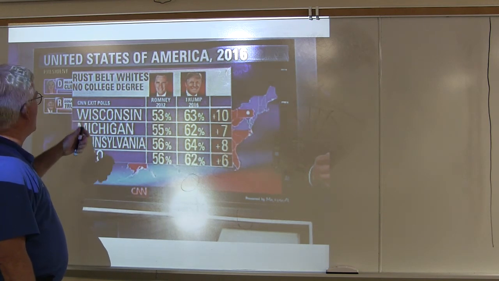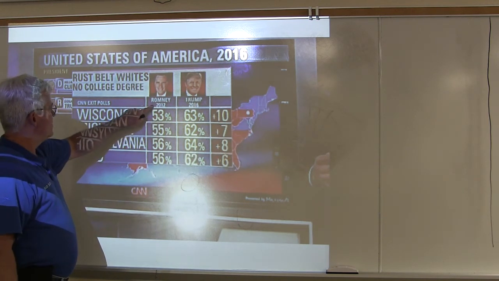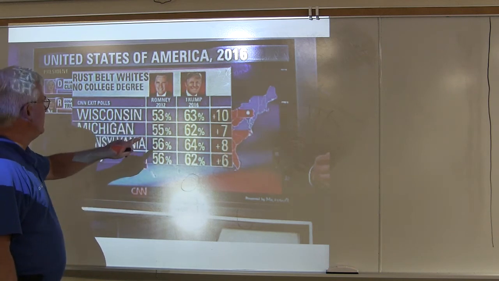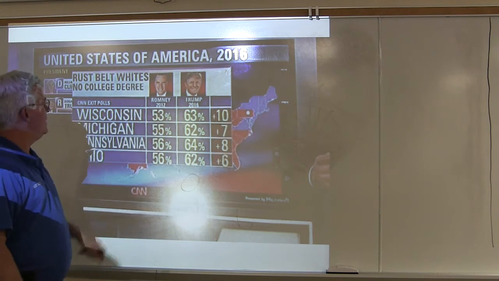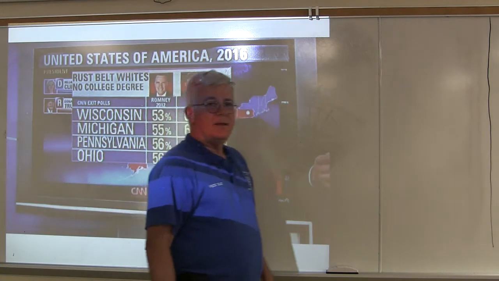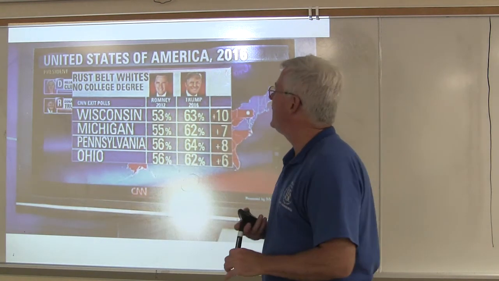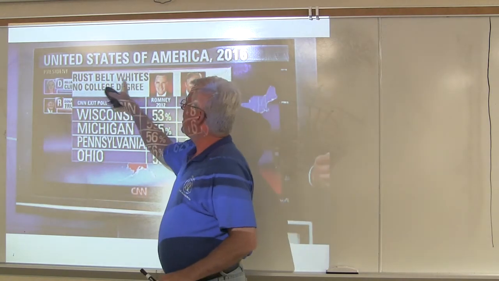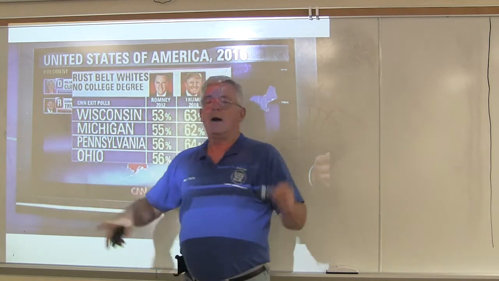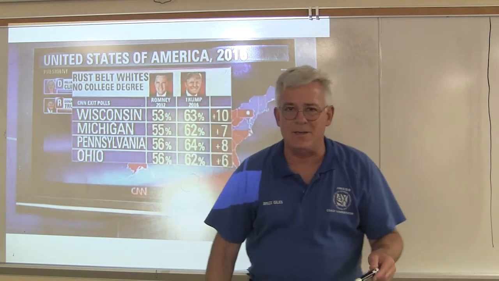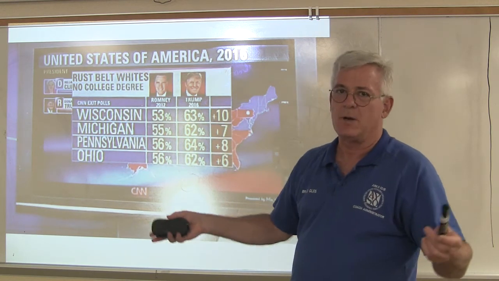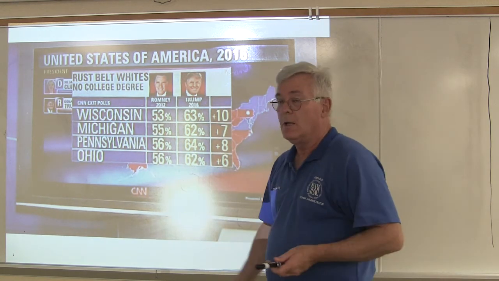How did Romney do in 2012 versus Trump in 2016? In other words, was Trump more successful in pulling away Rust Belt whites with no college degree, high school whites?